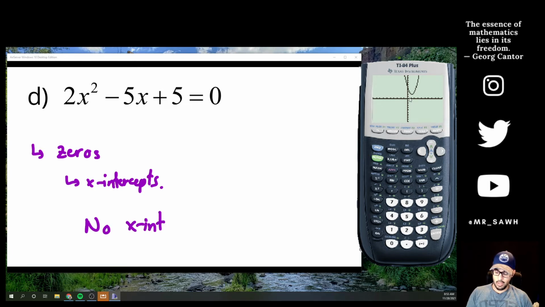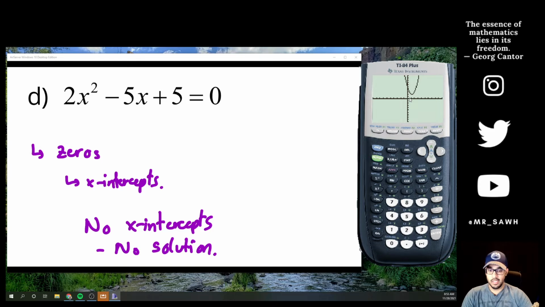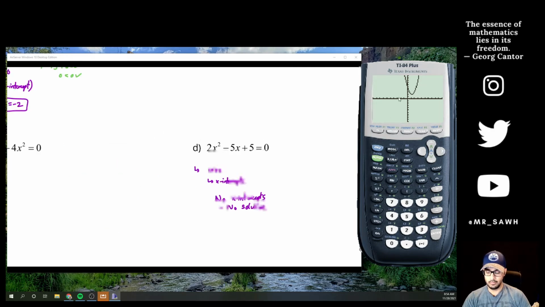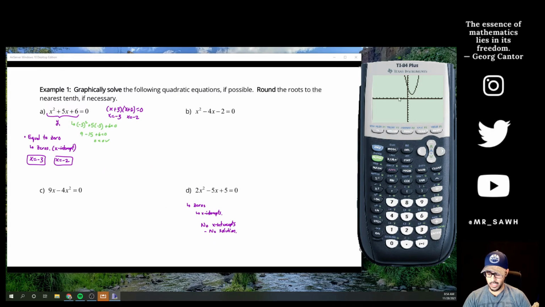There are no x-intercepts, which means there is no solution to this, which is totally acceptable. Sometimes graphs don't cross the x-axis, which is possible. So here, I don't even have any work to do. There's no answer, there's no x-intercepts, there's no solution, there's no zeros, nothing to do, which is totally fine. So we're done with that one.